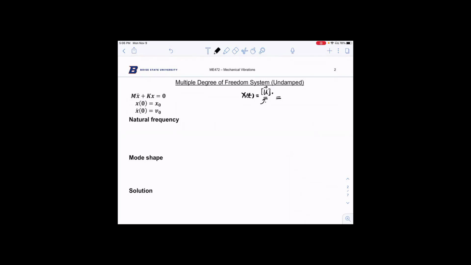The second part, e^(jωt), is only a time-dependent function. Because it's mechanical, we assume a harmonic response. So that's time, that's coordinate. The next question is, how can we find u and e^(jωt)?